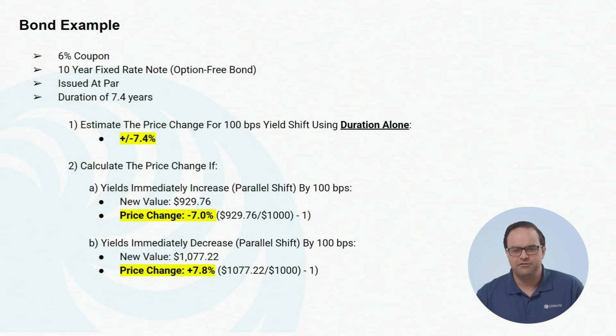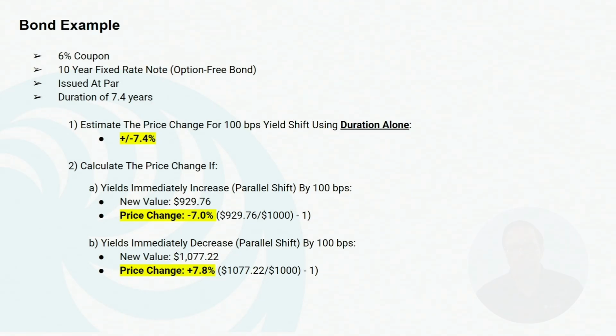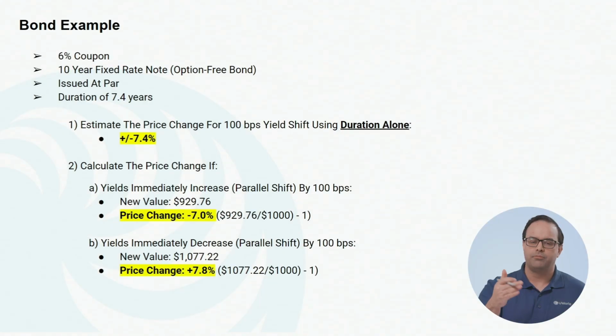So if we were to estimate the price change for a 100 basis points yield shift using this duration metric alone, you would arrive at a 7.4% price move, either a price appreciation for rates falling by 100 basis points, or prices going down if rates rose by 100 basis points.